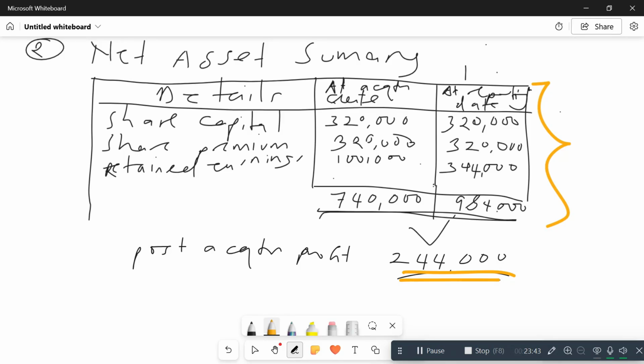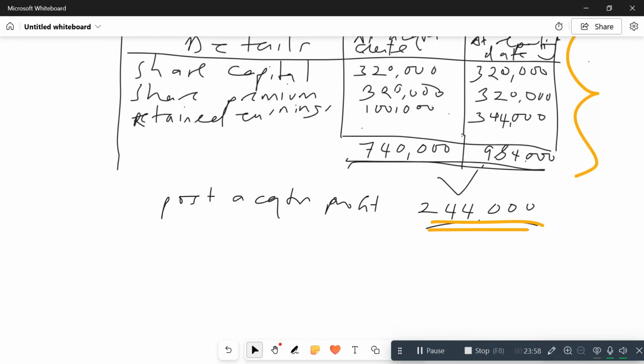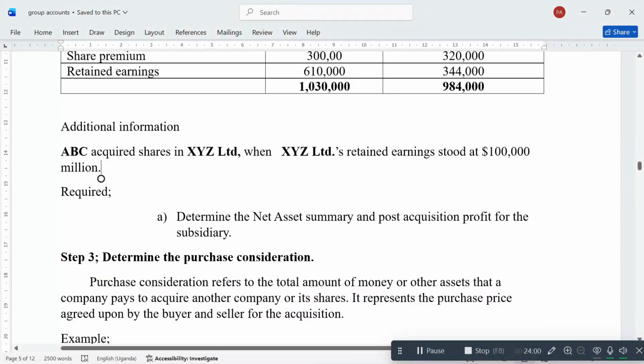Having seen step 1, determining group structure and the acquisition date, and step 2, determining the net asset summary, we can now go ahead to find out how much was paid when this business was acquired.